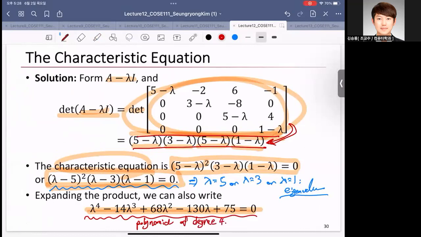In this case, this polynomial is called the characteristic polynomial.